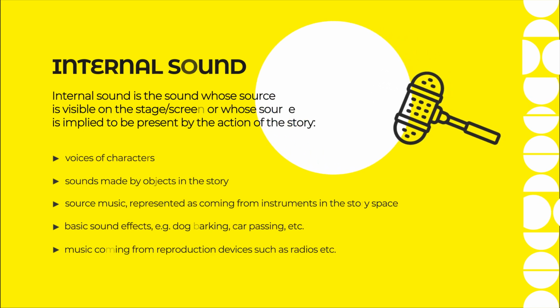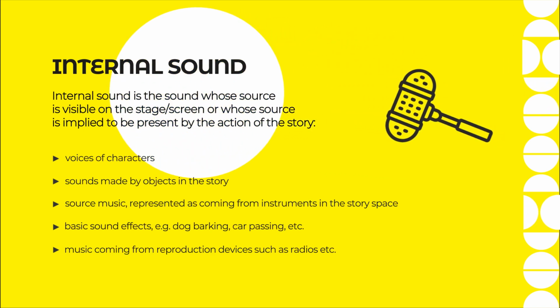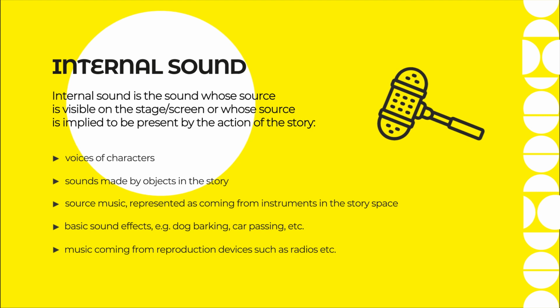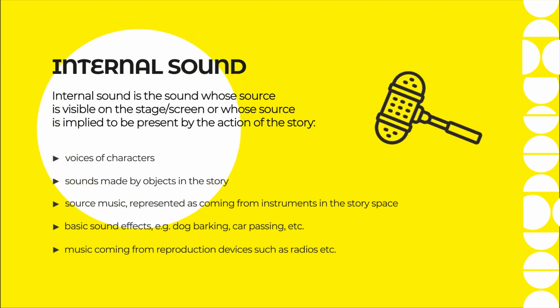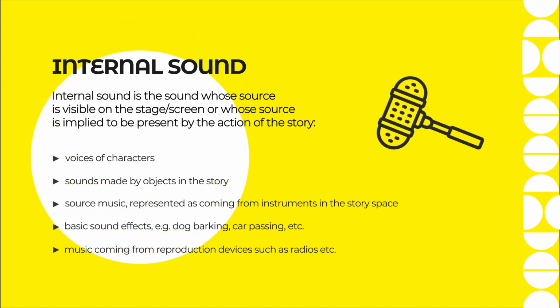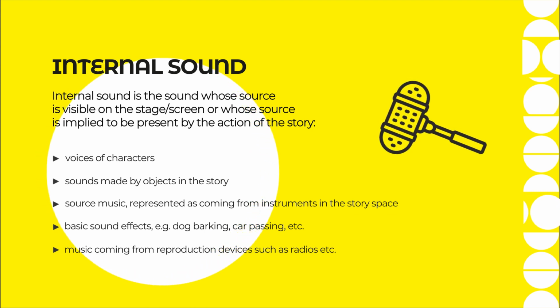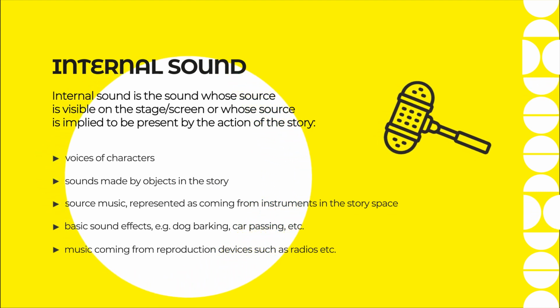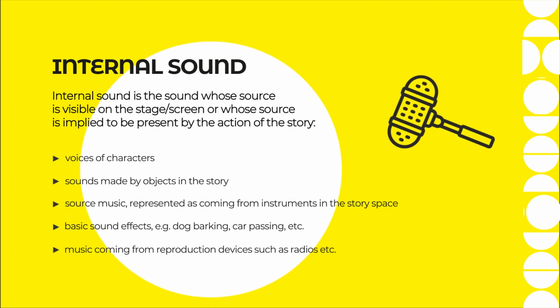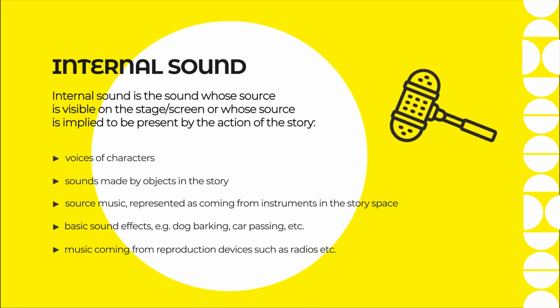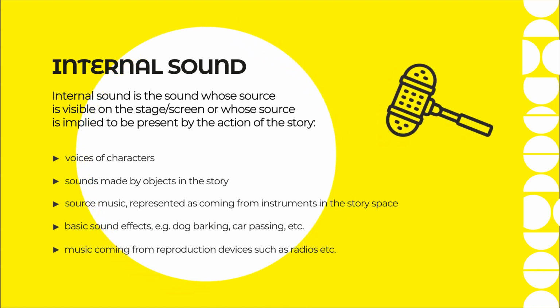At this point we will give some examples of internal sounds. Internal sounds are the voices and dialogue made by the characters of the story. Internal sounds include the sounds made by various objects in the story. Examples are the noise of a machine driven by the protagonist, or a door that creaks when someone opens it.